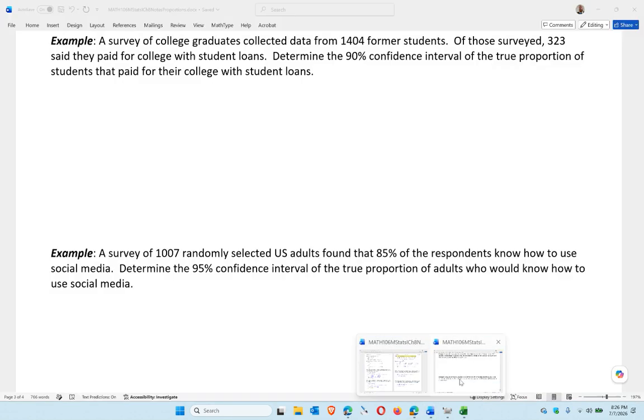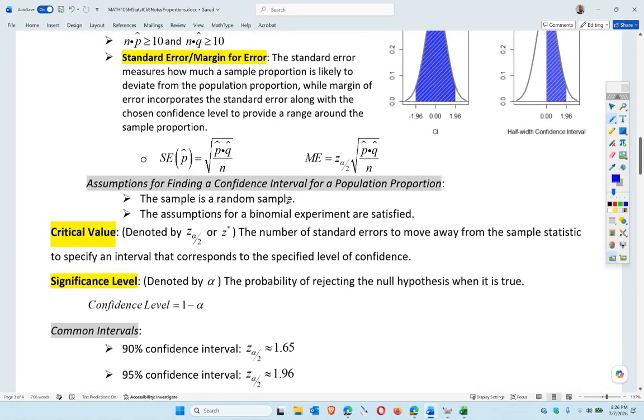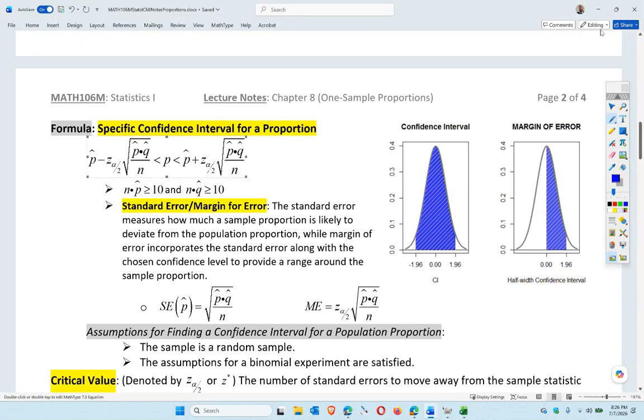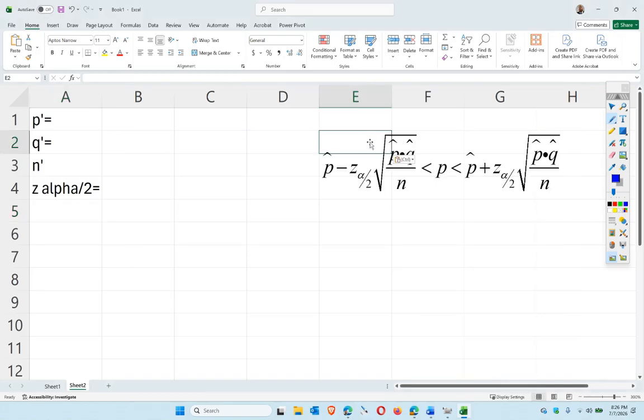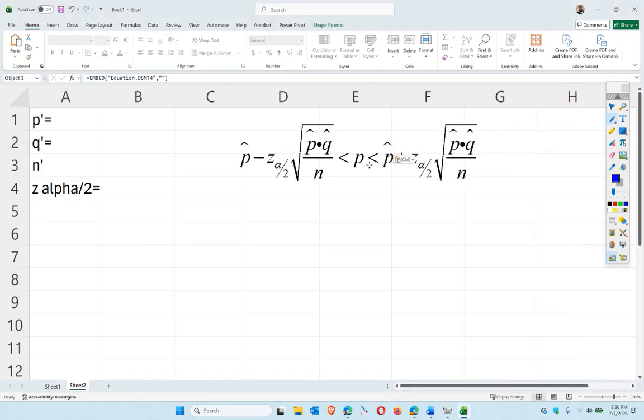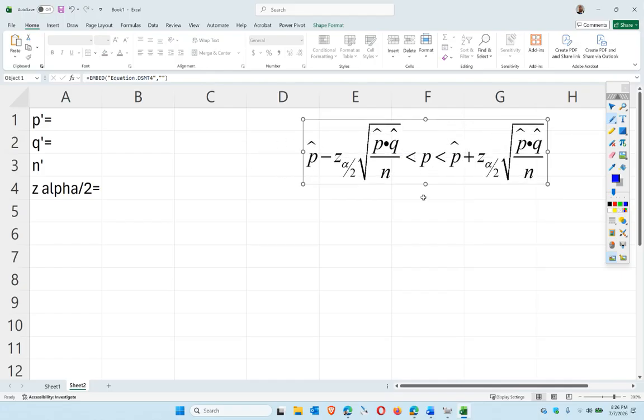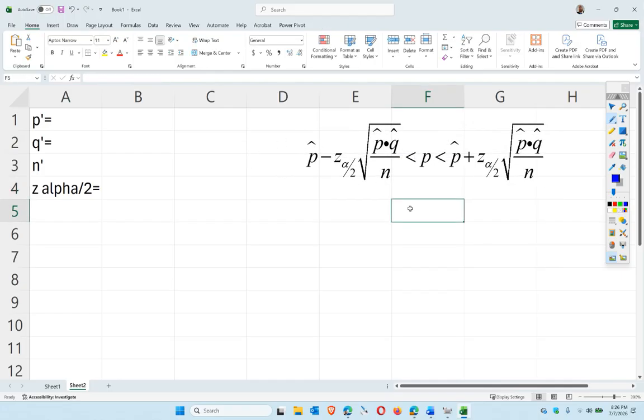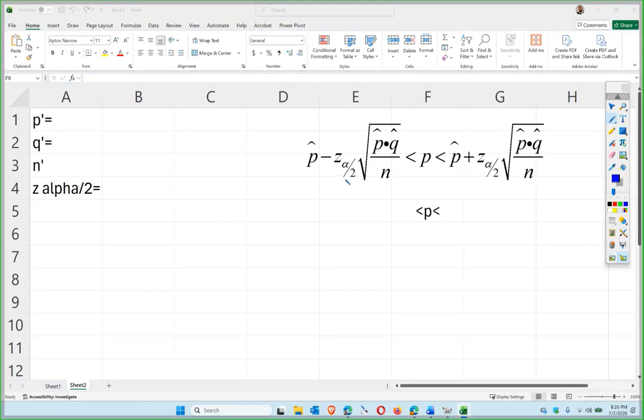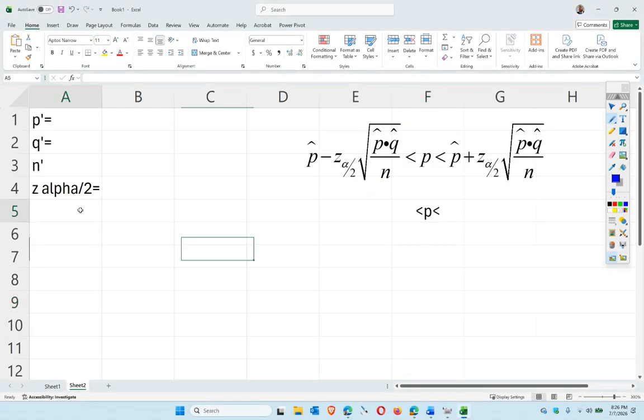So we'll go to our notes here and go back and copy the formula, which is right here. Remember that this is the standard error, and the whole thing is the margin of error, correct? So we're going to put standard error and margin of error.